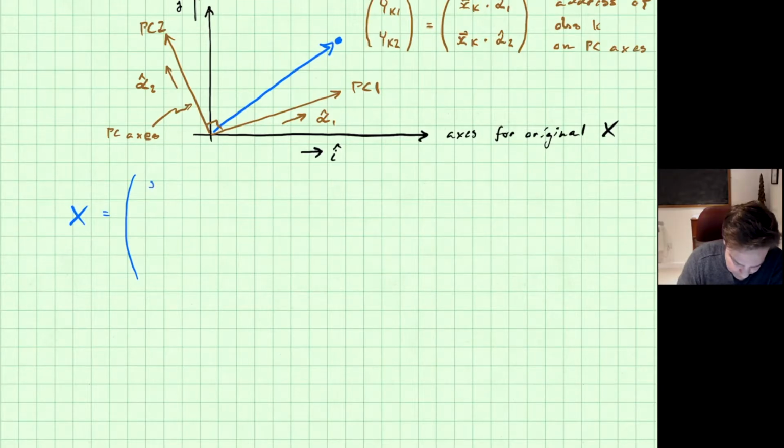Row 1 is x1 dotted with i hat, and then x1 dotted with j hat. There are two elements because this is a two-dimensional case. That's one row, and then you keep going down. The last row is xn, if you have n observations total, dotted with i hat, and then xn dotted with j hat.